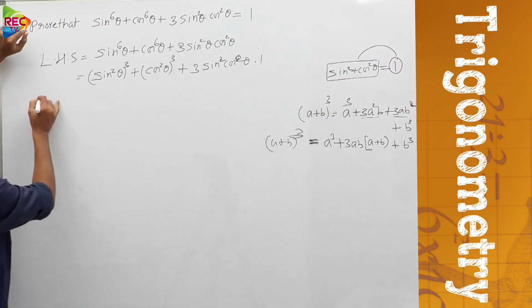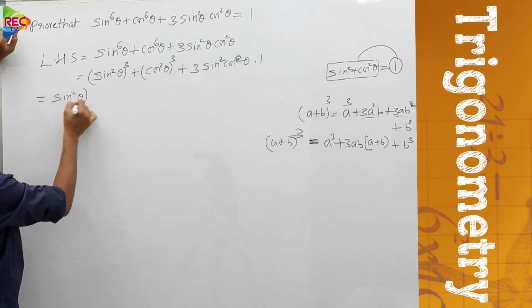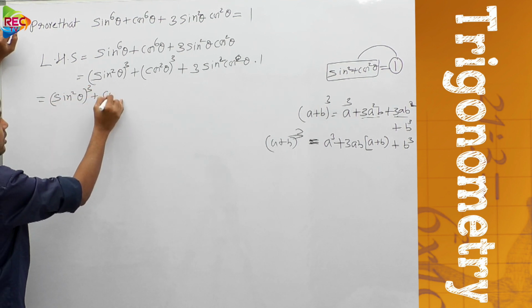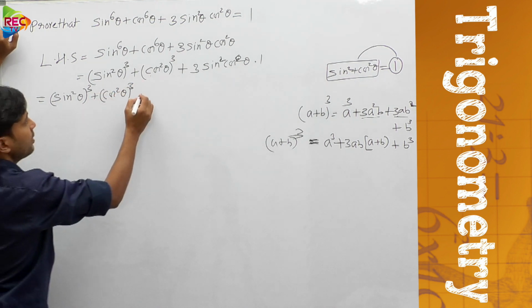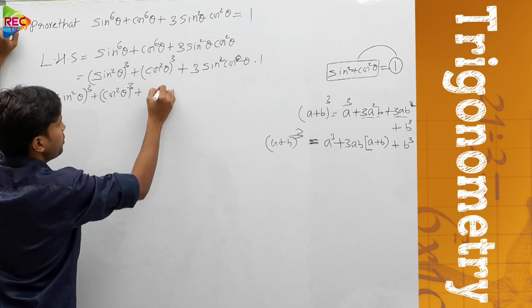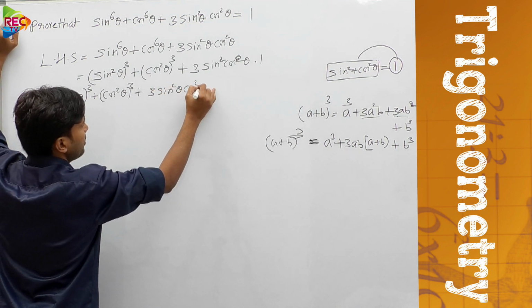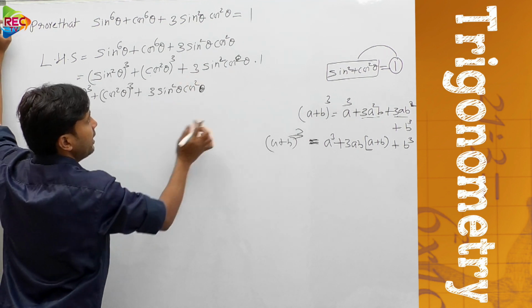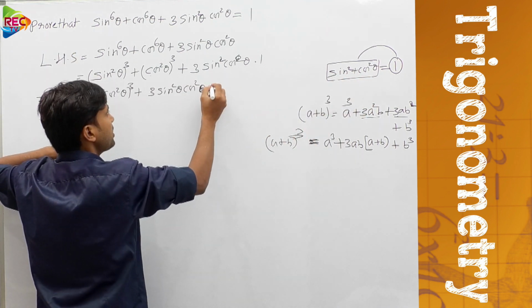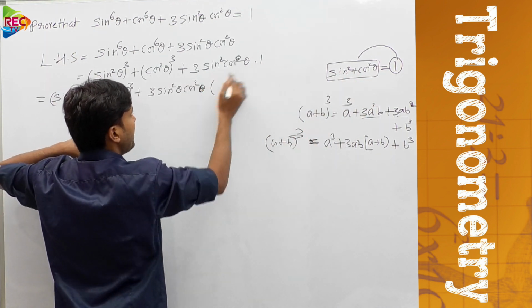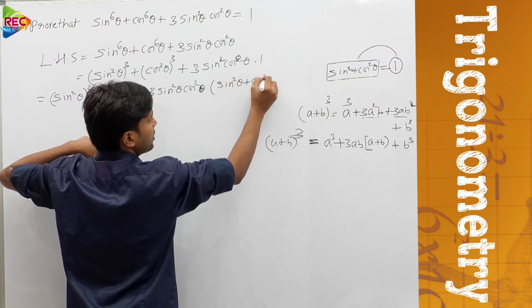Just see here. Now again I am writing this (sine square theta) whole cube plus (cos square theta) whole cube, plus 3 into sine square theta cos square theta, into 1. In place of 1, we replace this with sine square theta plus cos square theta.